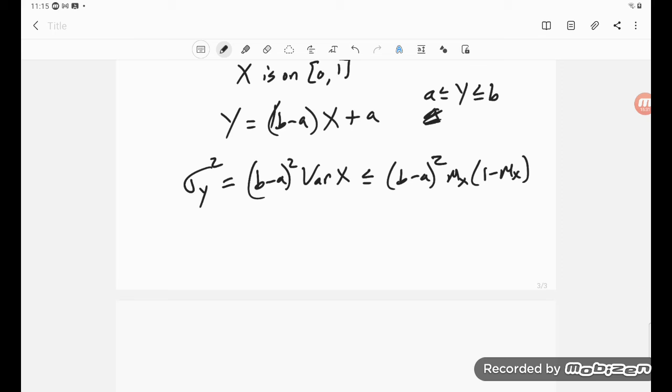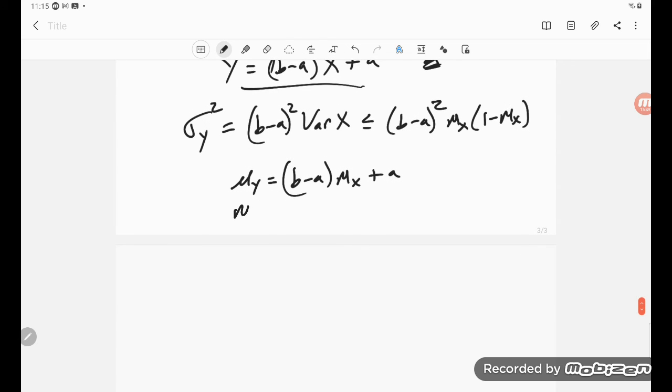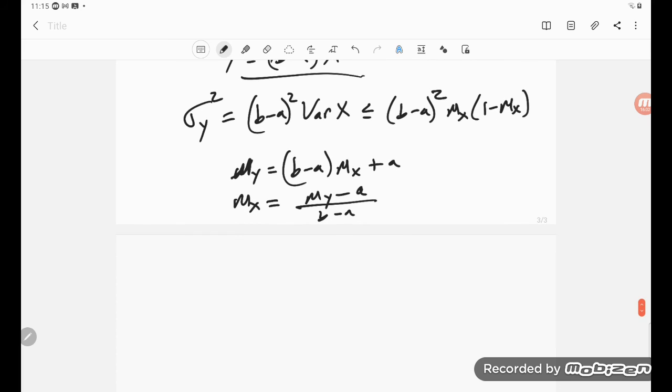We know that from this, the mean of y is equal to b minus a times the mean of x plus a. And so now solve for the mean of x: the mean of x is equal to the mean of y minus a, divided by b minus a.